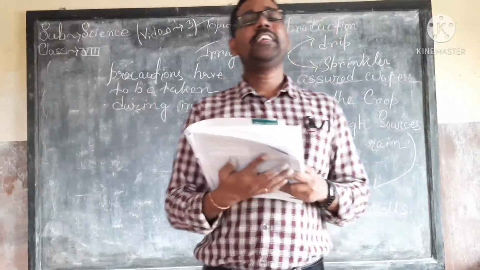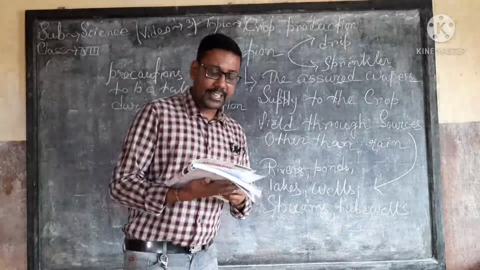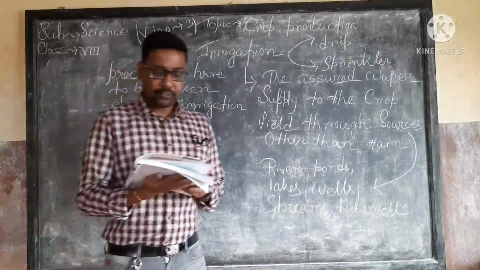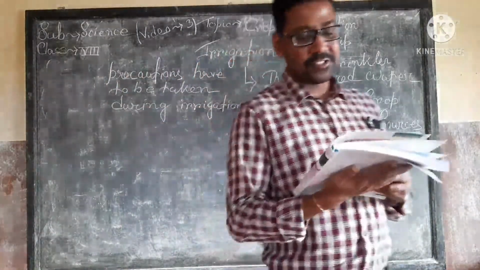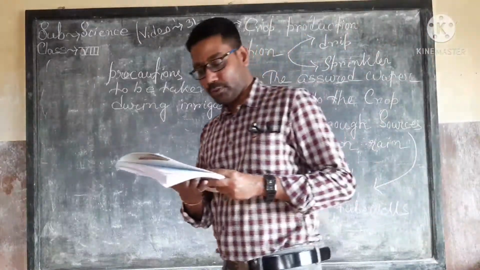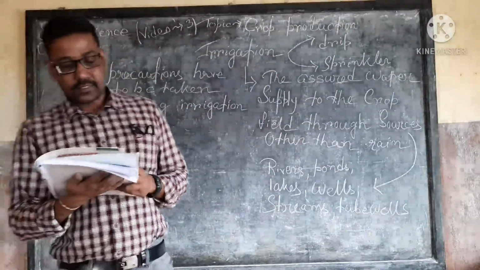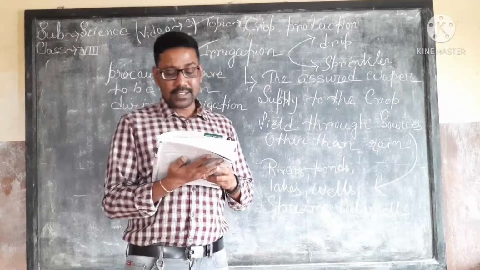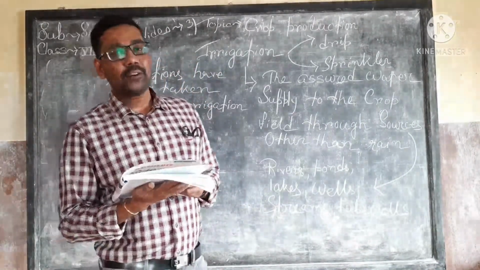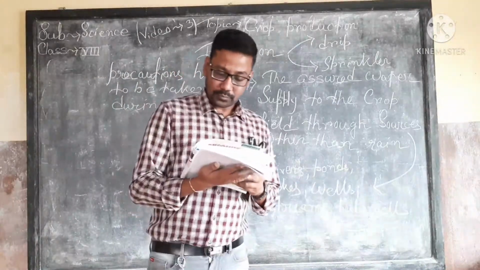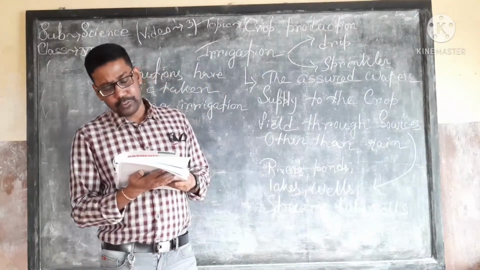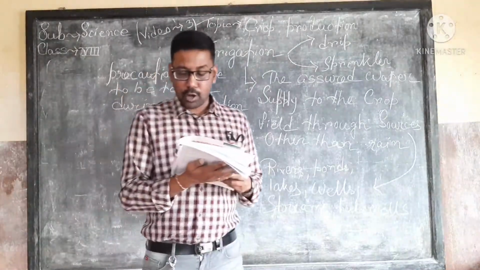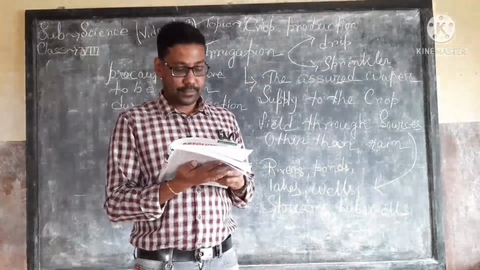So the types of irrigation, and this table contains two columns. The first column is the irrigation system, and the second one is the sources. The first is the canal system, and the source is the large rivers. Second, the tank, a storehouse of the runoff water from the catchment areas.